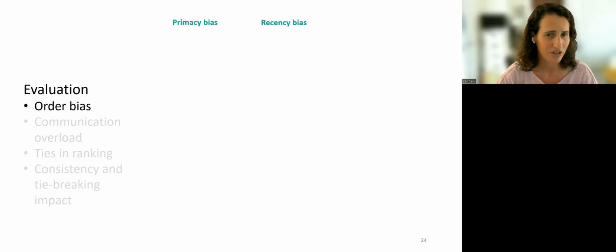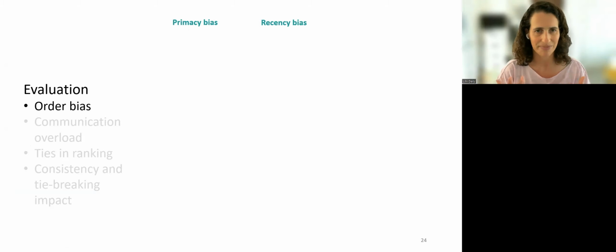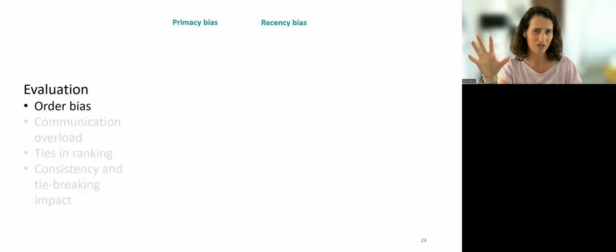So evaluation. First, I wanted to look at the data and have a feel of whether I have an order bias, and order bias can be of 2 kinds. There can be a primacy bias or a recency bias. I was really concerned about that because the order of projects is random, but maybe it affects the final score.